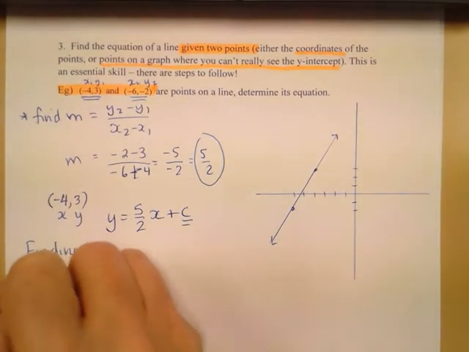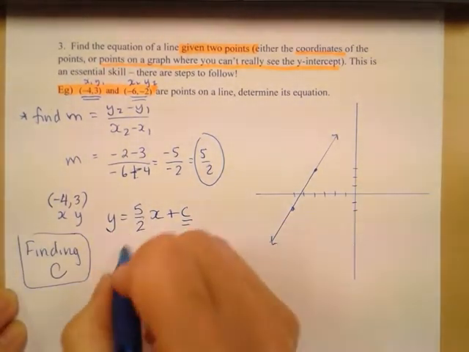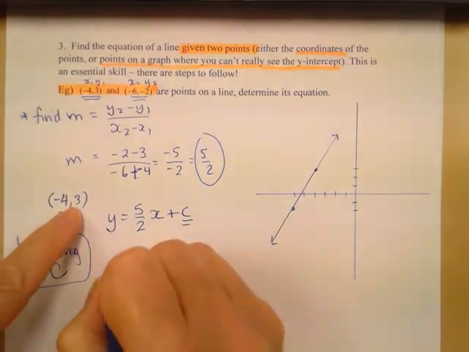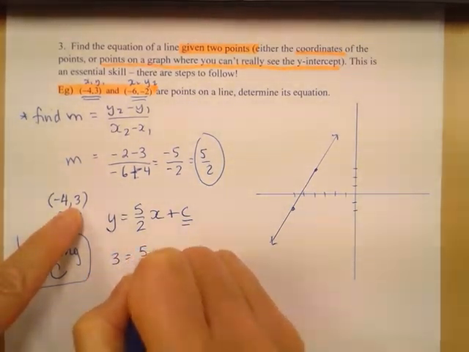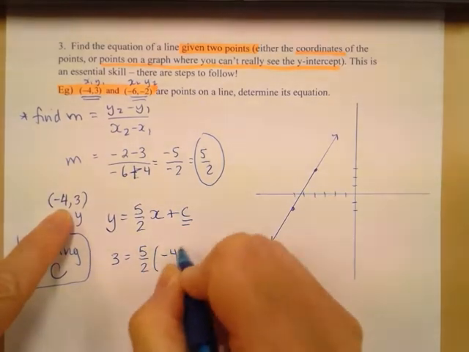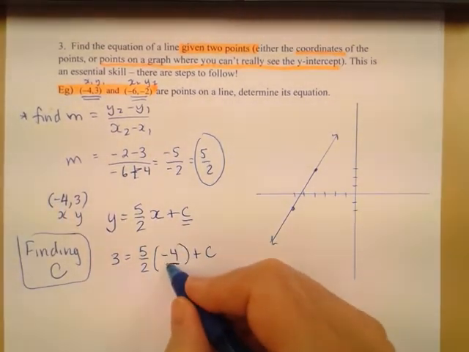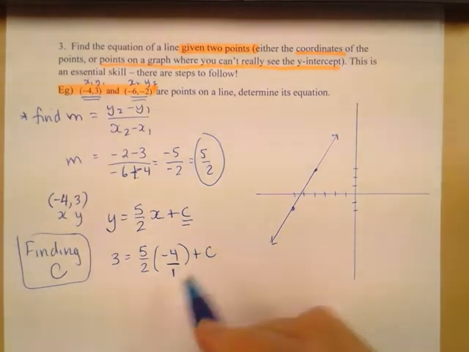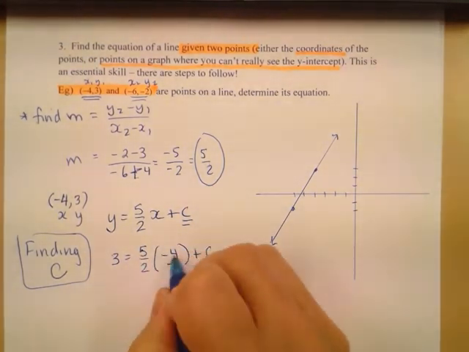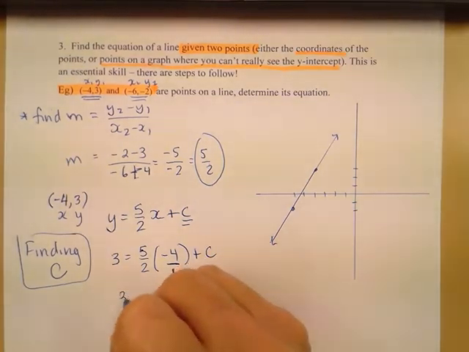I'm in finding c mode, where I take this point, I put that for the y, that for the x. Now remember, when you multiply a fraction times a whole number, it's just like having this over 1. So I multiply across the top, so it's negative 20 over 2.